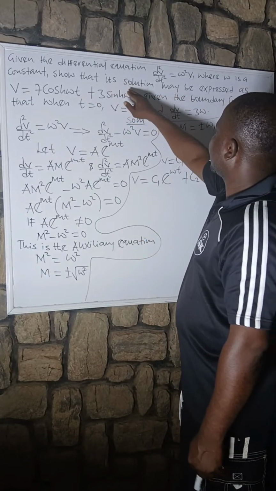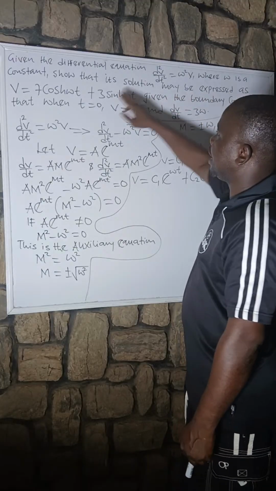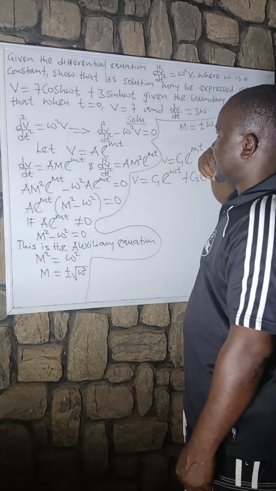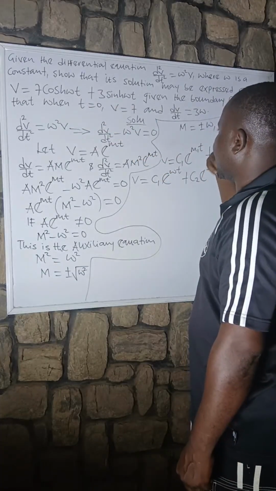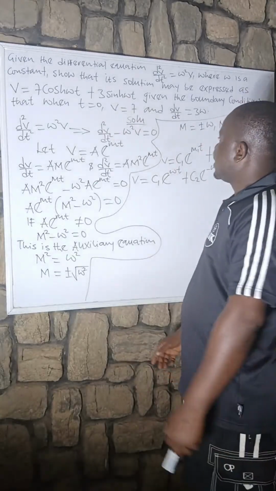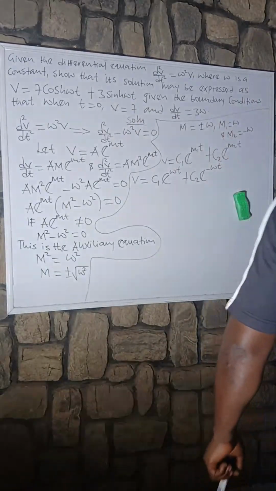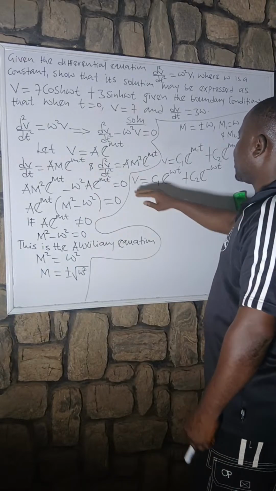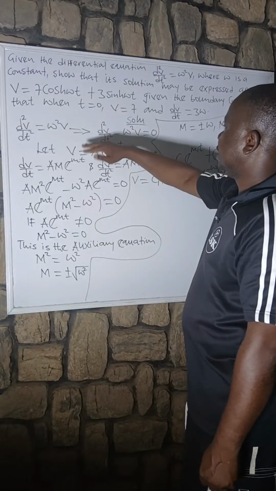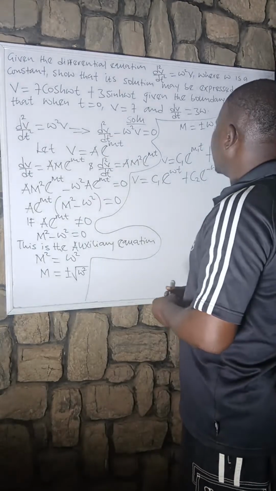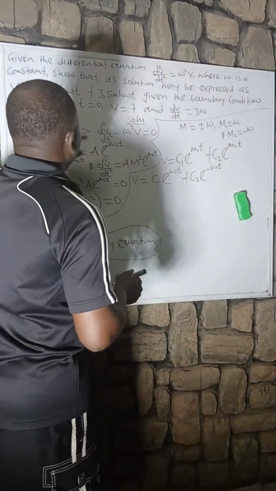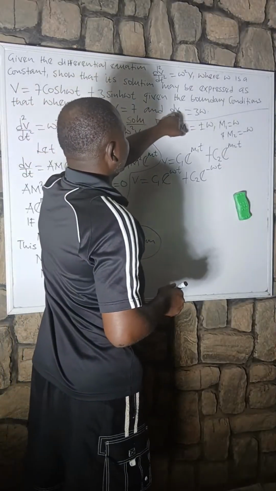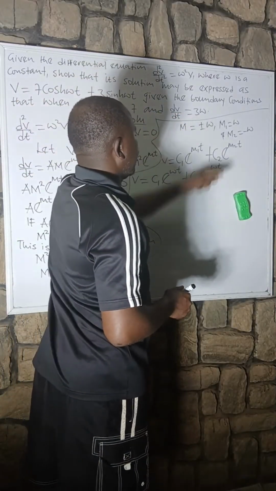Is that clear? The question says to show that its solution may be expressed as v equals 7 cos omega t plus 3 sine omega t. So look at the board very well. What we need to do here is substitute in the boundary conditions. Where it says boundary conditions, we have t equals 0, v equals 0, and dv over dt is equal to 3 omega.